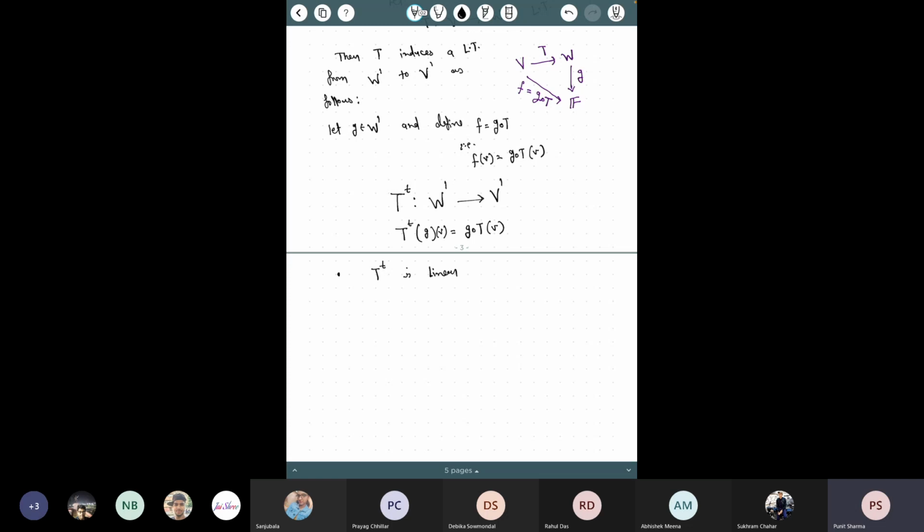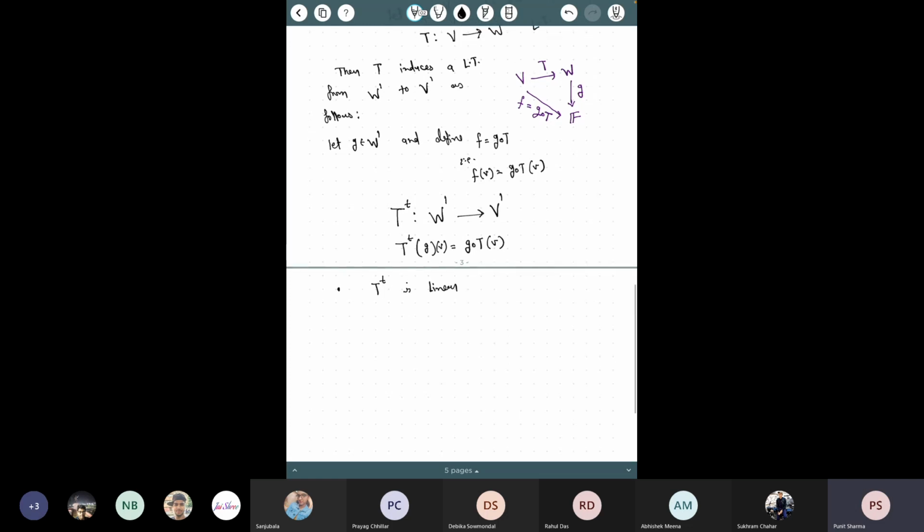Not only this, the way you have defined this using composition, this is a unique linear transformation from W dash to V dash such that it is defined in this way. Why is this unique? Because it's defined by using the composition.